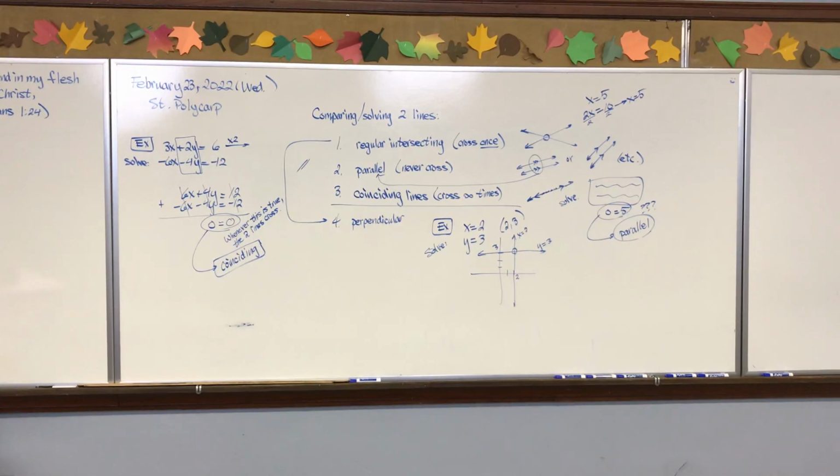I would like you to do 12 through 17, and 19 through 29 odd. And then number 30. And that'll be it.